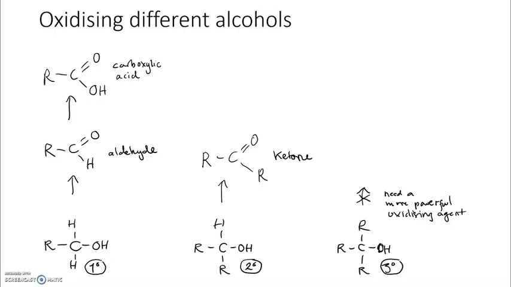How about ketones? Well, at this point we have no hydrogens left bonded to that carbon, and therefore no further oxidation is actually possible. Again, like the tertiary alcohol, we would need a more powerful oxidizing agent.